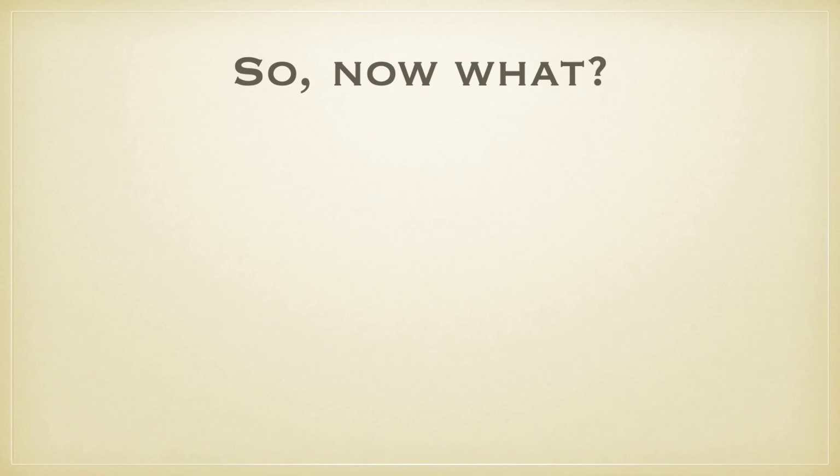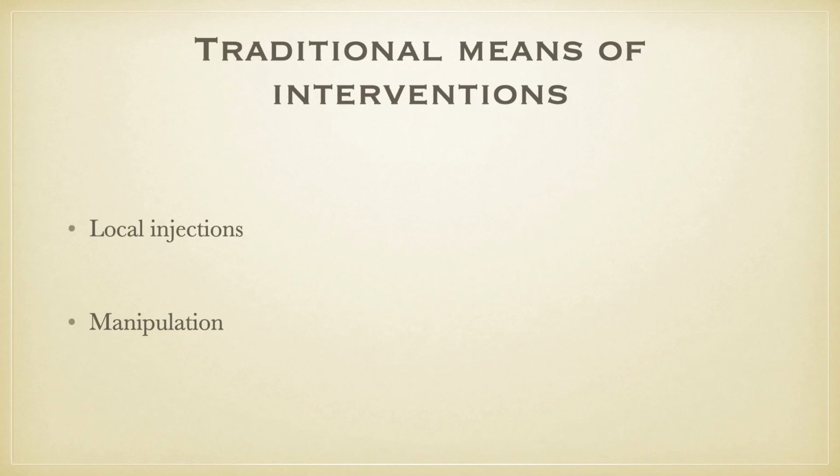So after going through all that and talking about anatomy, some mechanics of movement, and some pathology, so what? What do we do now? Well, these are the main interventions that have been performed traditionally, whether we have specific local injections, so that could be a diagnostic injection to reduce the patient's symptoms, or a specific injection with another material that would completely get rid of their symptoms.